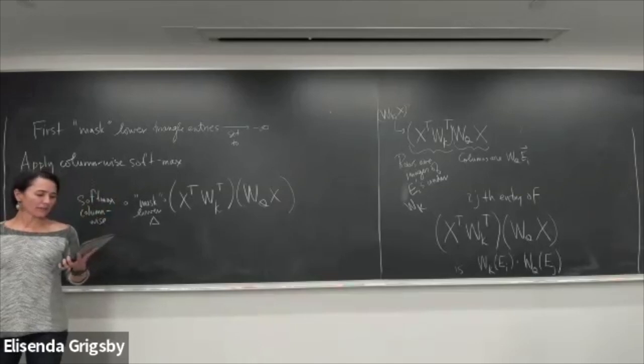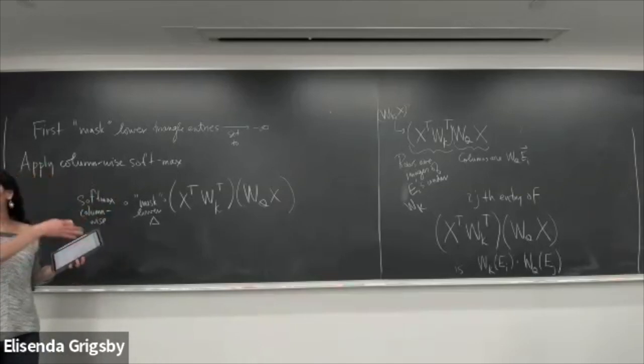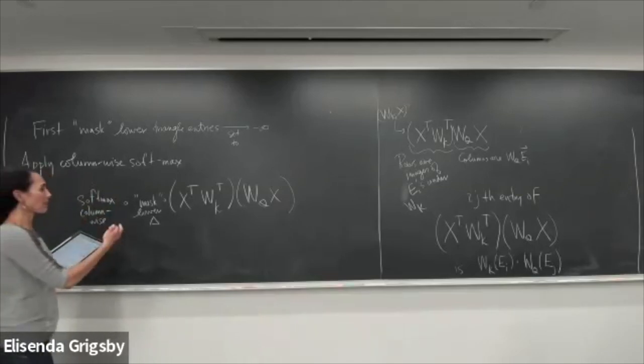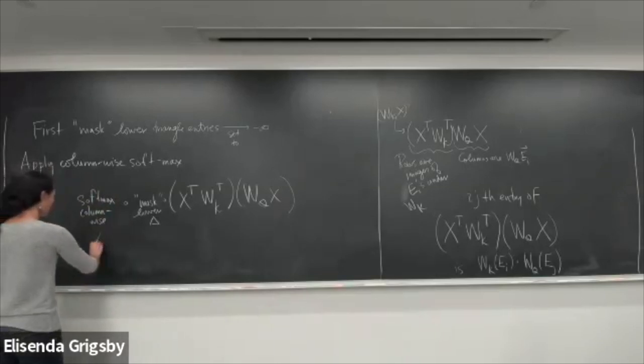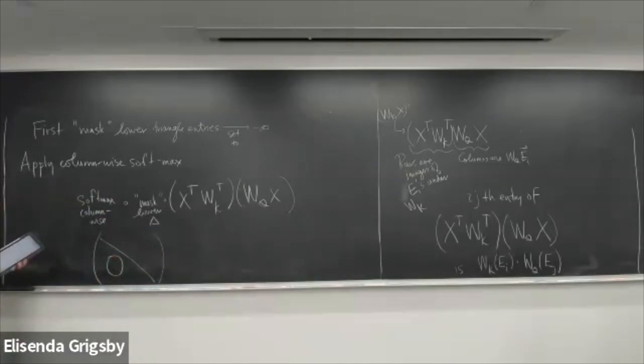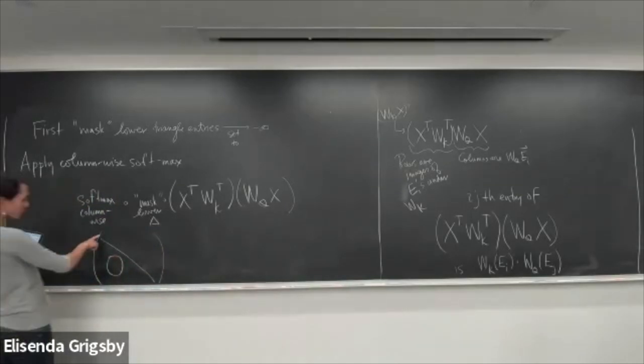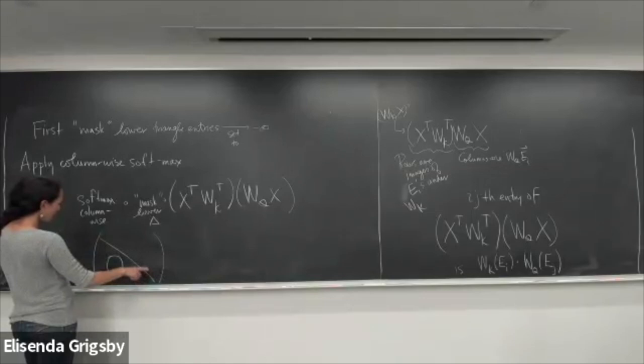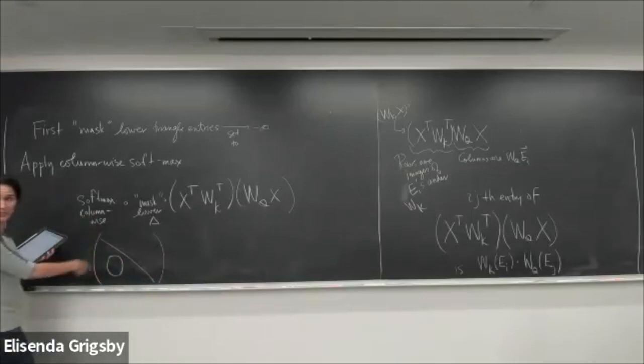All right, and what you've produced is an upper triangular matrix where each of the columns represents how much the token associated to that column is going to attend to other tokens.